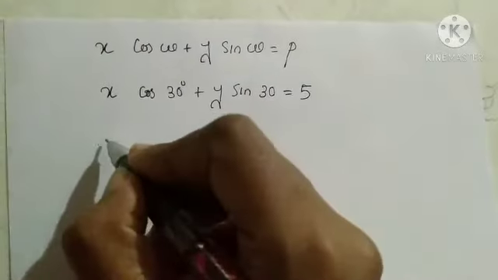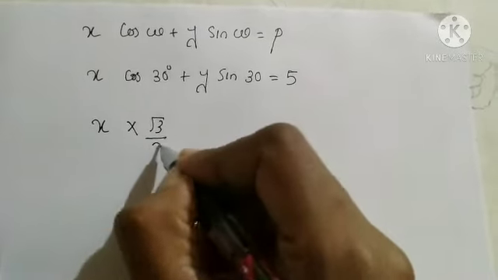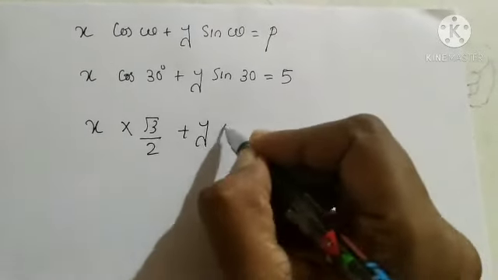And we know that cos 30 is root 3 by 2 and sin 30 is 1 by 2.